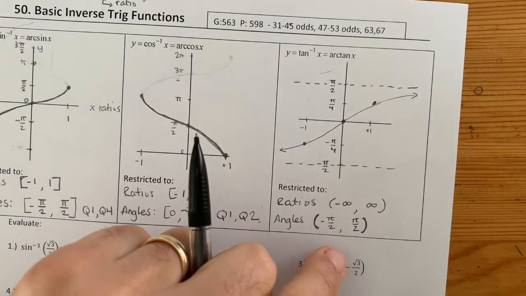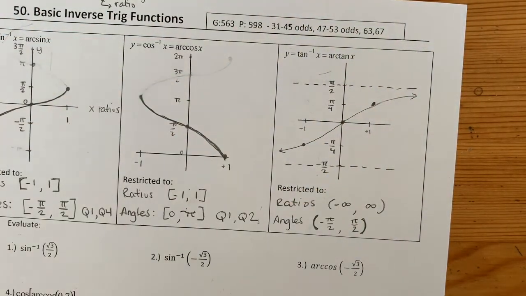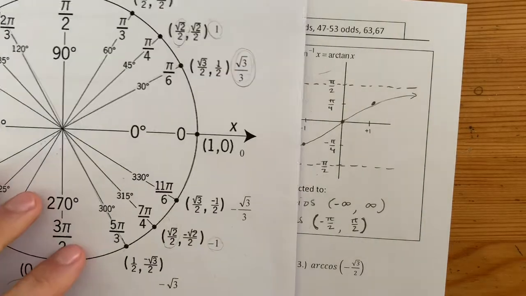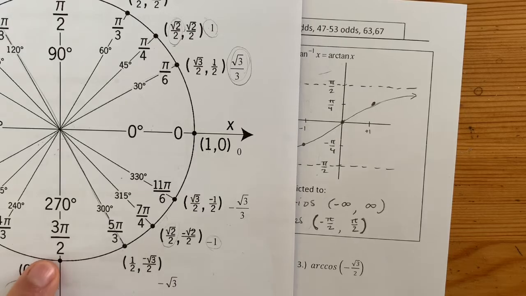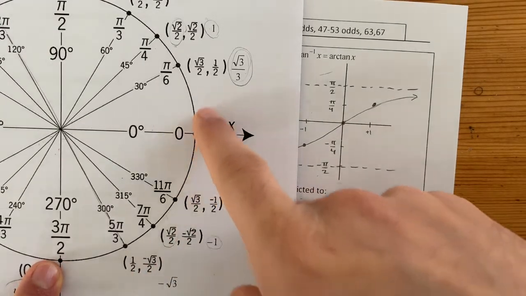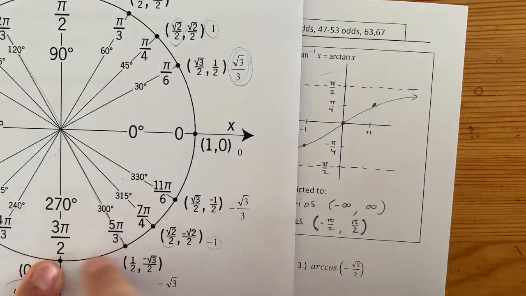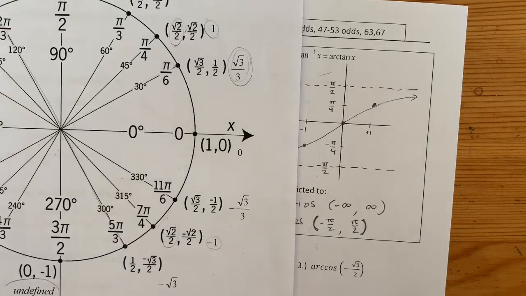So they are limited between negative pi over 2 and pi over 2. On the unit circle, starting at the lowest, negative pi over 2 would be right here. So that's the first value. And then as we go up through 0 to positive pi over 2, it would limit us to quadrant 4 and quadrant 1.